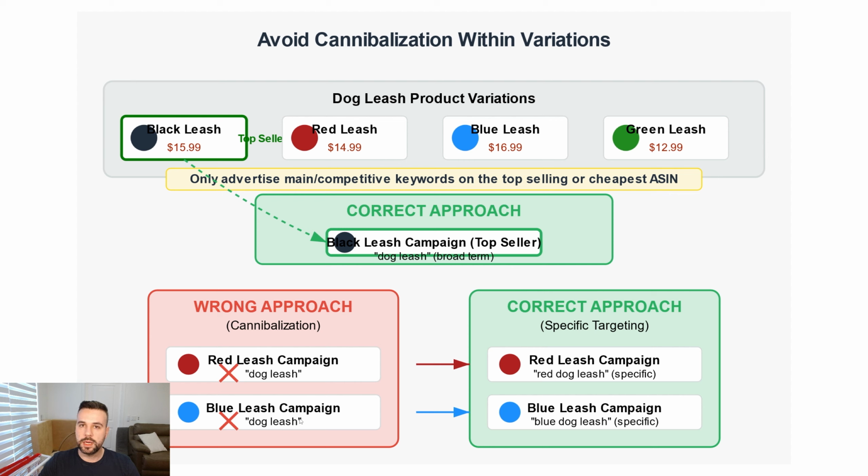Blue leash, it's not going to have dog leash. They're going to be targeting more specific keywords, which we'll get into in the slides following this, like red dog leash, blue dog leash, where they have more of a search intent. So broad main competitive keywords, keep them only for the top seller or the lowest price product of the variation. This will be a completely separate campaign.